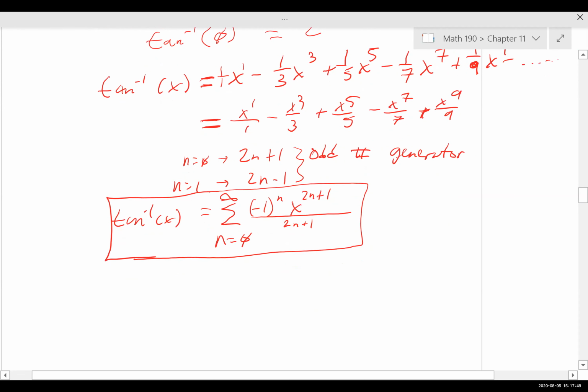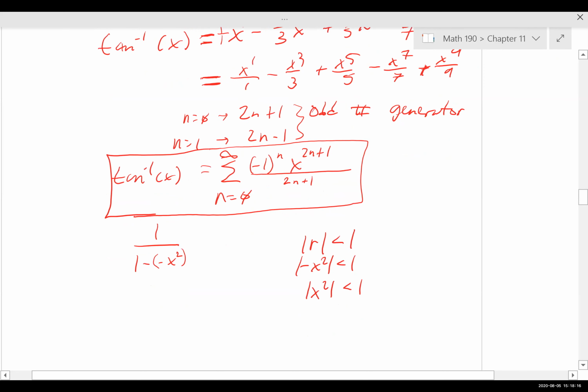What's the radius of convergence of this thing? Well, we have 1 over 1 minus negative x squared, right? So we would say that negative x squared is our r. Absolute value of r is less than 1. So negative x squared is less than 1, so x squared is less than 1. Take the square root of both sides.